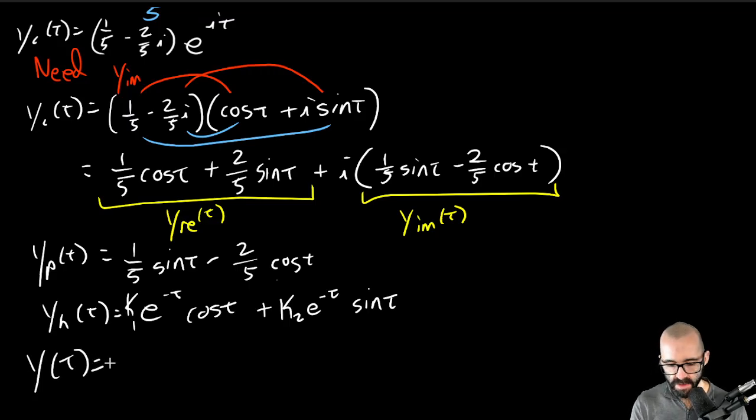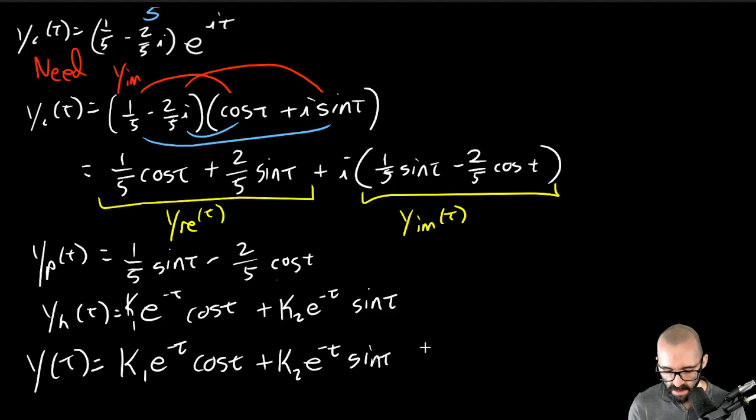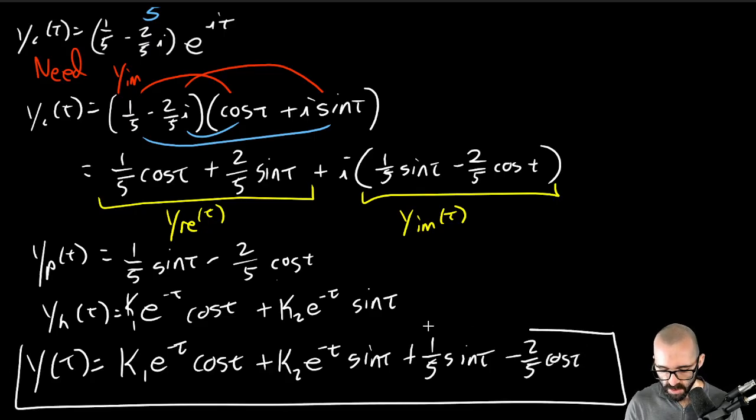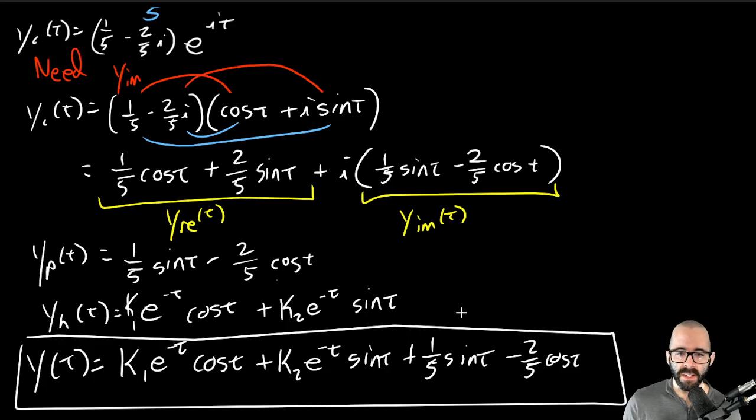So our full solution to the original differential equation that we looked at, that forced harmonic oscillator with sinusoidal forcing, is going to be k1 e to the negative t cosine of t plus k2 e to the negative t sine of t plus 1/5 sine of t minus 2/5 cosine of t. That is our general solution. Any forced harmonic oscillator will look like this if it has that forcing function. And what k1 and k2 will be depends on the initial condition.